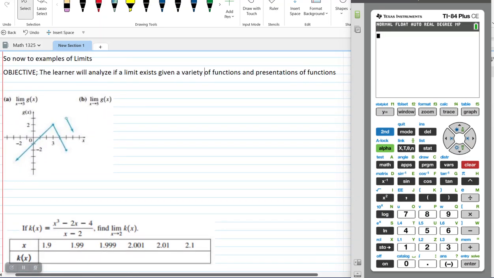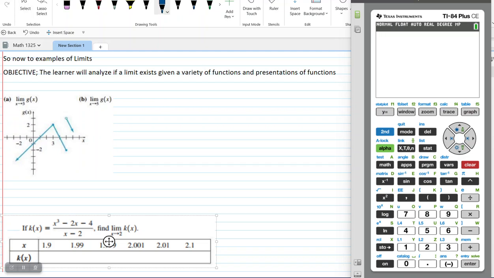So we're going to start first with this one right here. In this case, we're stating that this graph is a function. For every x, there is only one y. So we're going to take the a function first. And it says the limit as x approaches 3 of g of x.